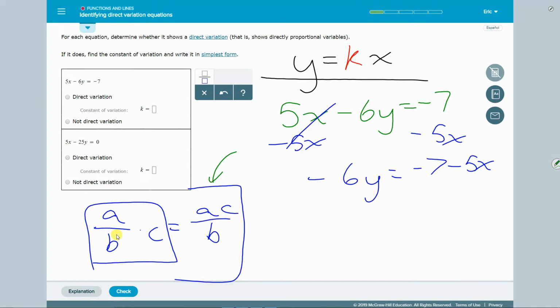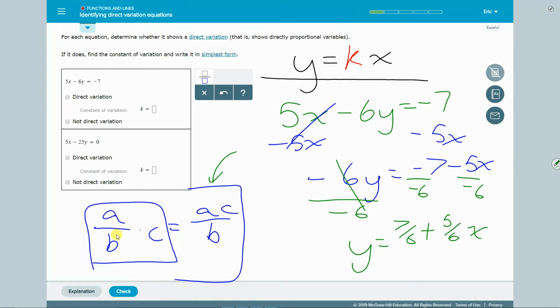Divide everything by -6. And I'll get y equals negative by negative is a positive, 7/6, plus a negative divided by negative is positive, 5/6x. This is not a direct variation. A direct variation is only y equals x times a number.